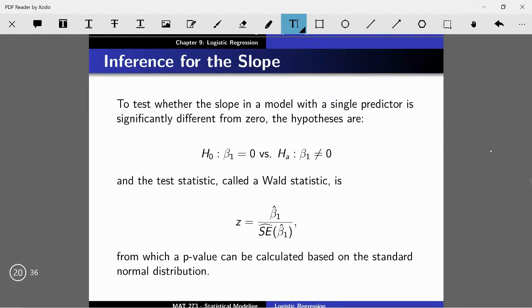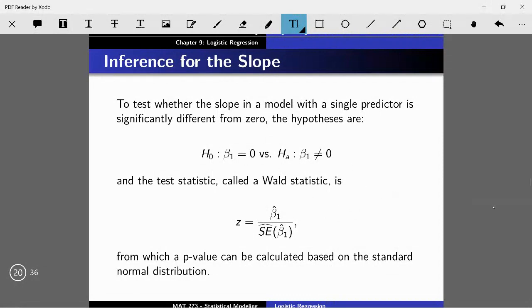So assuming the independent sample is met and the linear relationship based on the empirical logit plots is met, we can do statistical inference. We can do hypothesis tests. One common hypothesis test we'll want to do is testing if the regression coefficients are 0 or not. Just like with linear regression, we test formally the null hypothesis that the regression coefficient is 0 compared to the alternative hypothesis that it's non-zero.